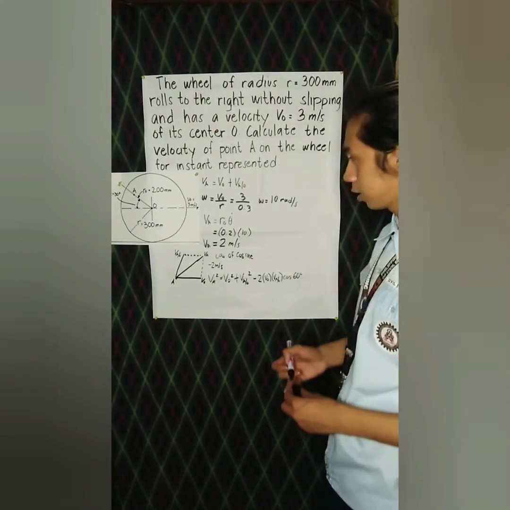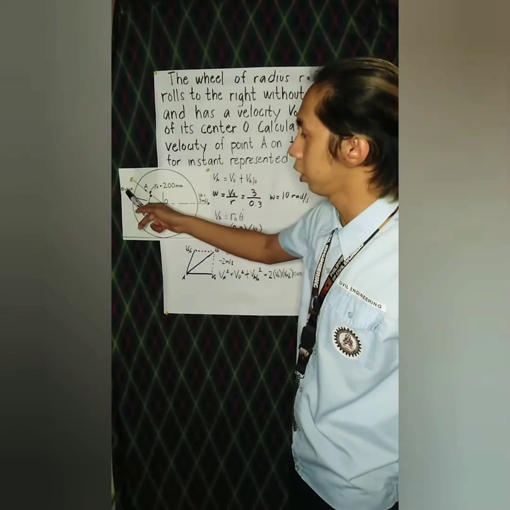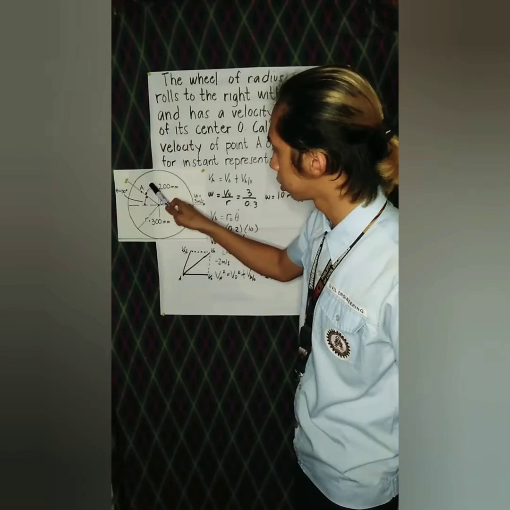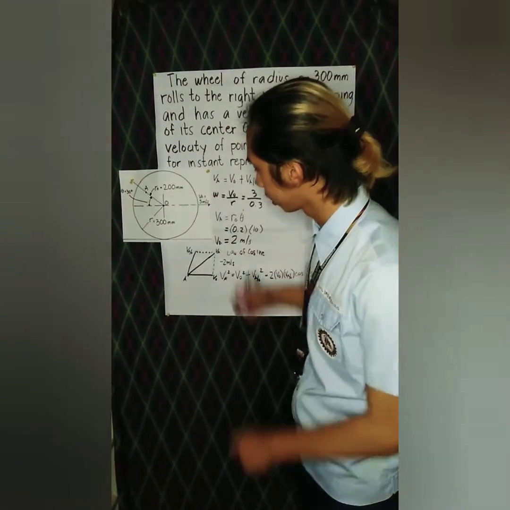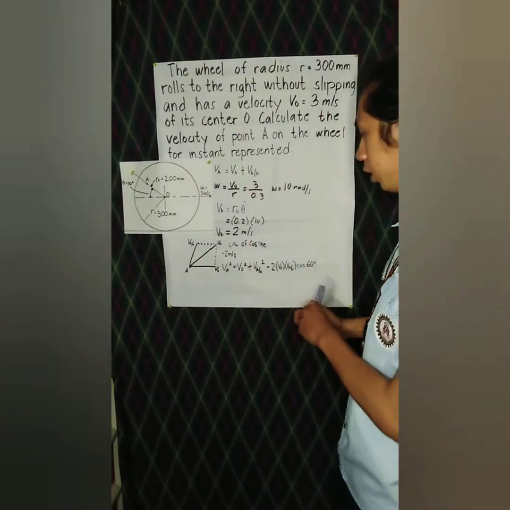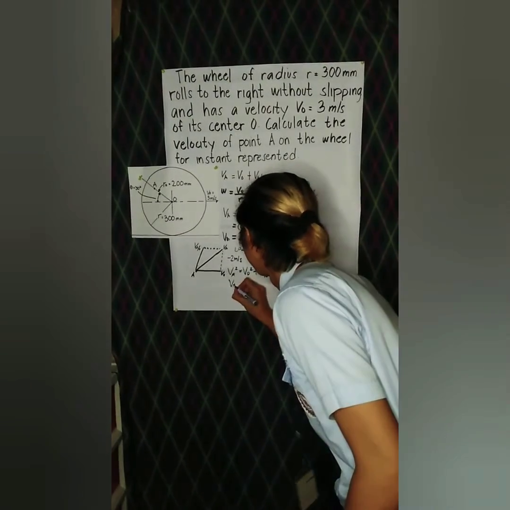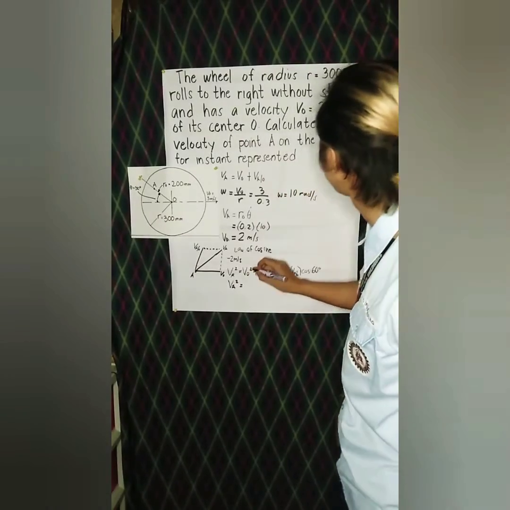We use cosine 60 because in the figure we have 30 degrees, then it moves here and here, so we have 60 degrees.